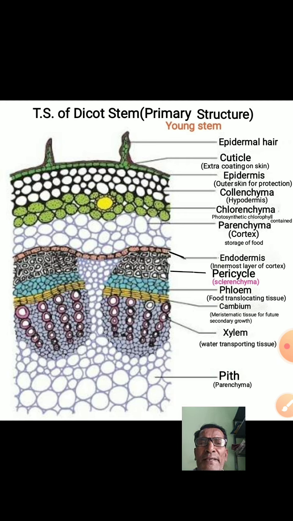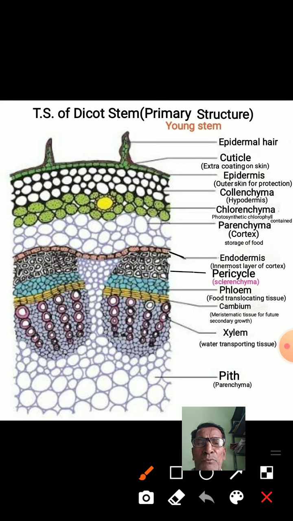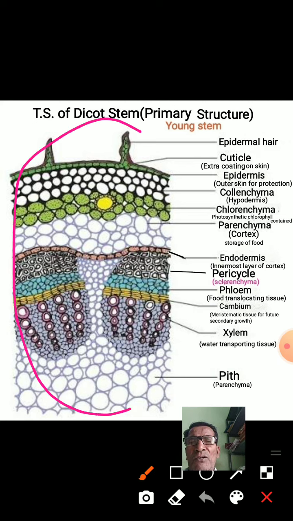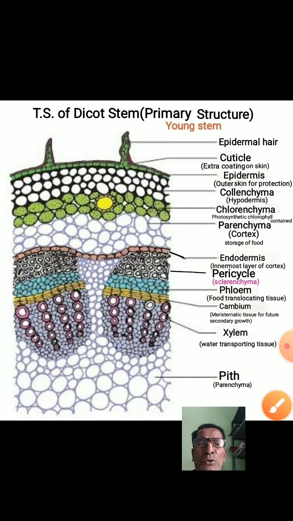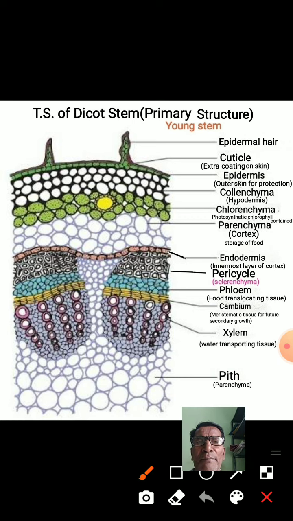Now we have to prepare this figure for examination. The sector of the figure, from epidermis up to the pith, should be prepared, sketched, and rightly labeled as we have labeled here: epidermis, hypodermis, cortex, pericycle, phloem, cambium, xylem, pith.